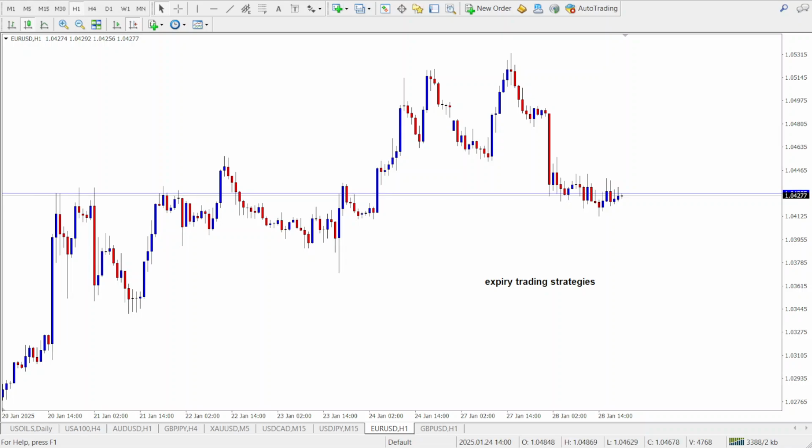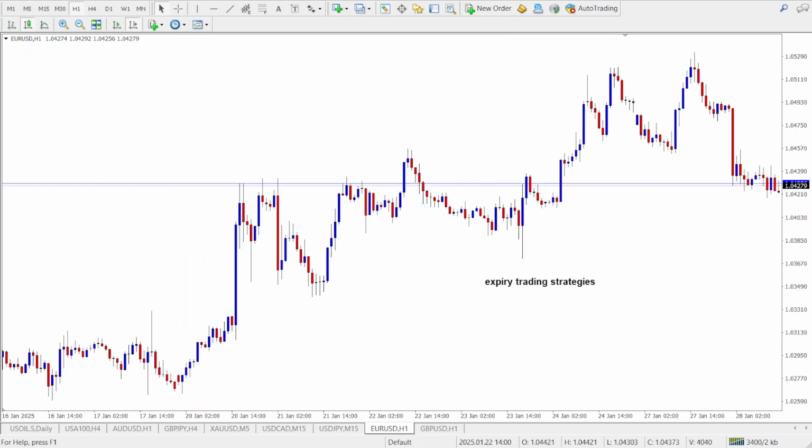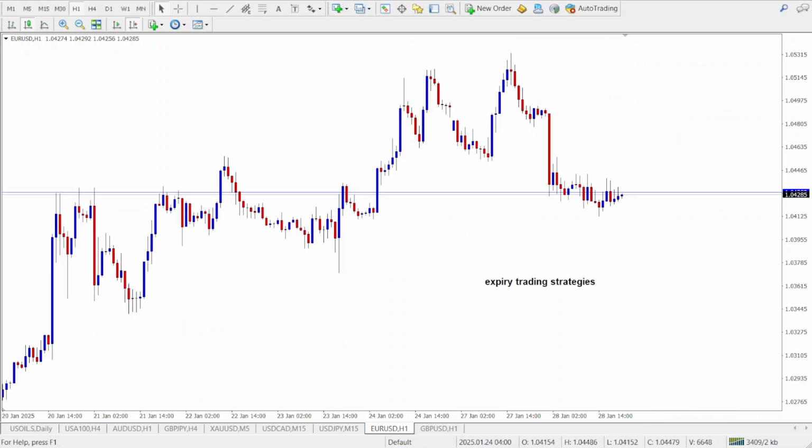The first is, you have to identify expiry time frames. The first step is understanding the exact expiry time for your contract or options. Now, this strategy is applicable to contracts or options, but I'm going to be doing explanations and showing a couple of things here on the MT4, even though it's not exactly a strategy that is applicable per se to currency pairs.